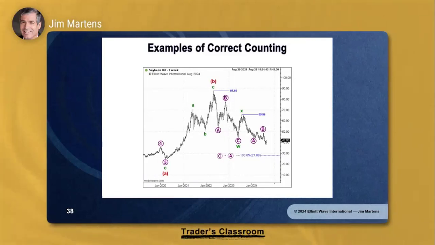I had two counts available to me, and they both suggested that soybean oil should stage a sizable decline, and they have. So again, I think it's an advantage of the Wade principle that there are sometimes alternate counts.